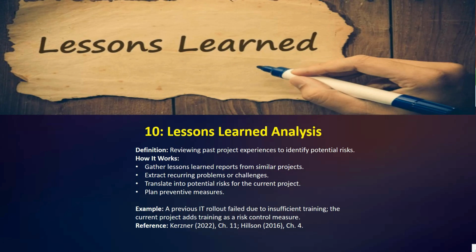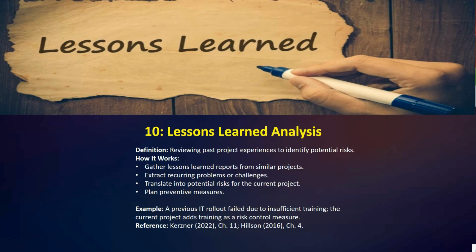Okay, so you examine the lessons learned reports, project summaries, and even team feedback from the previous project. So you are looking for patterns, what went wrong, and what went right, and why.